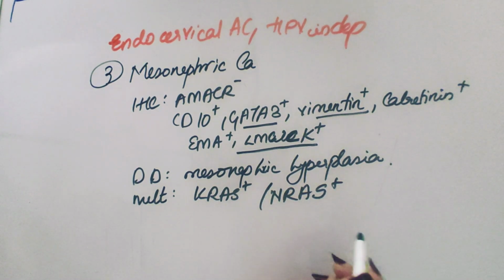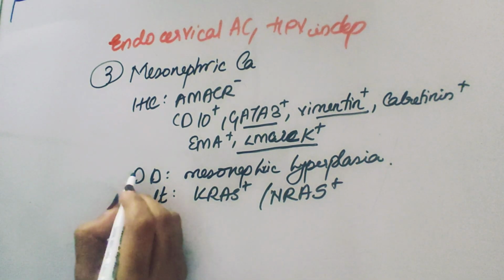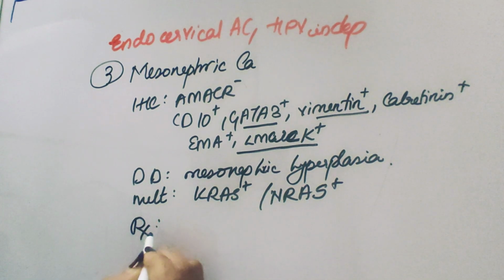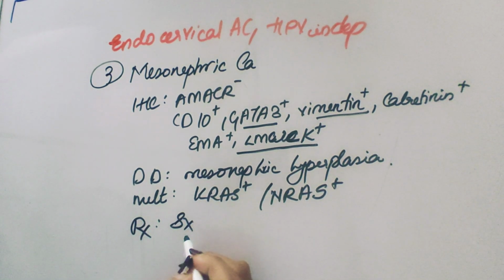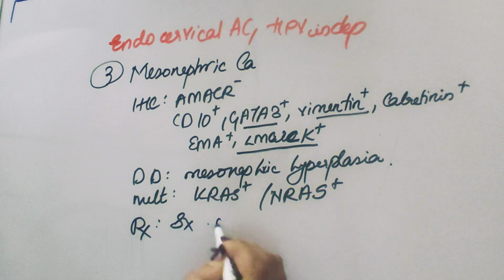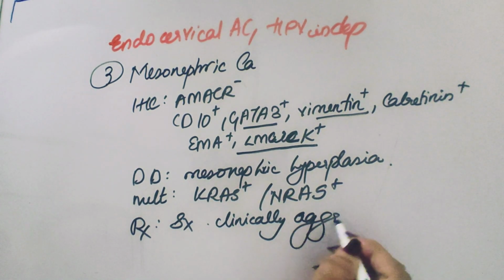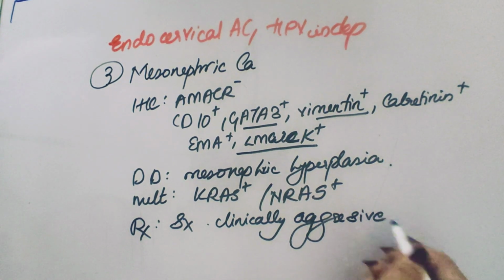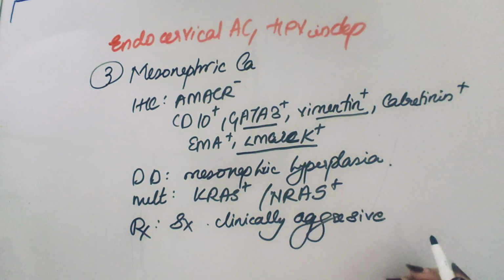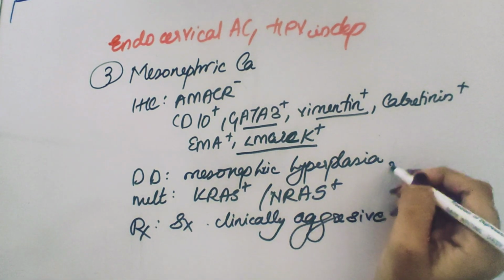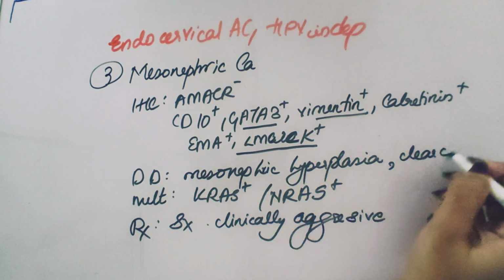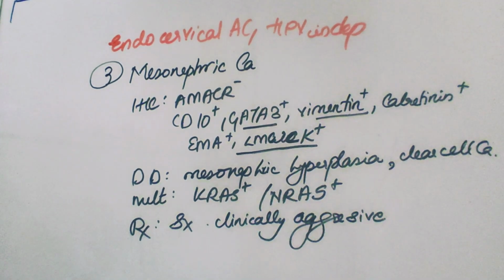So that also you can do in IHC and see. And treatment wise, surgery is the mainstay of treatment, and they are clinically very aggressive. Usually they present at advanced stage and they can have a recurrence, etc. So other DD is clear cell carcinoma, which I said already.